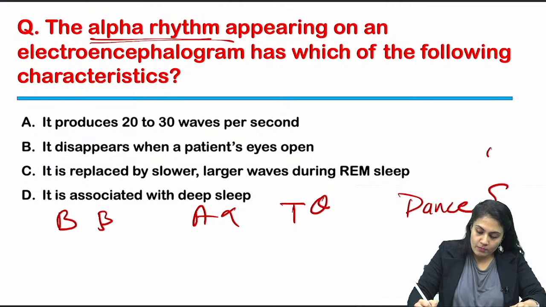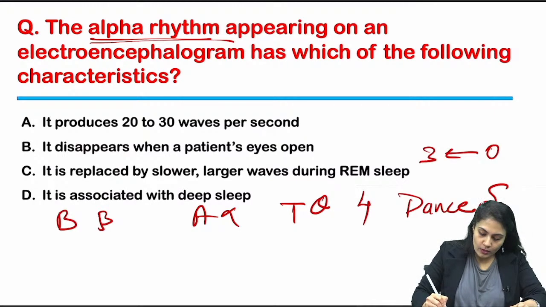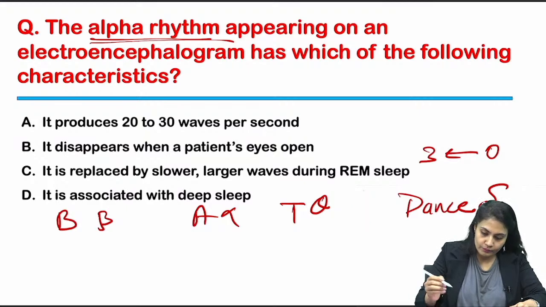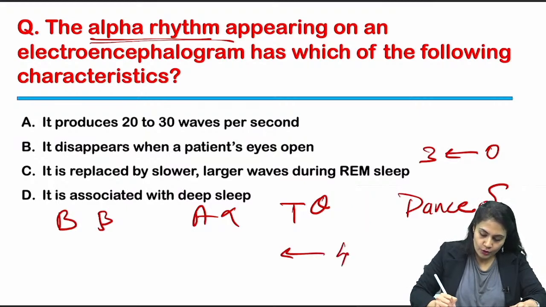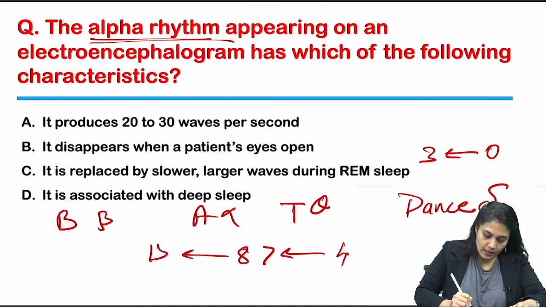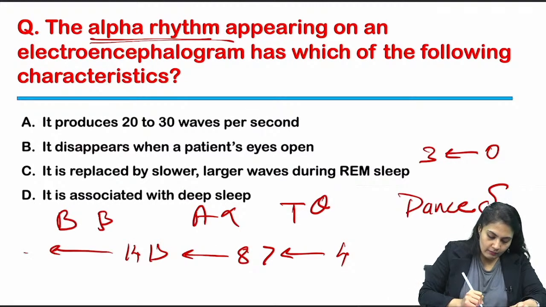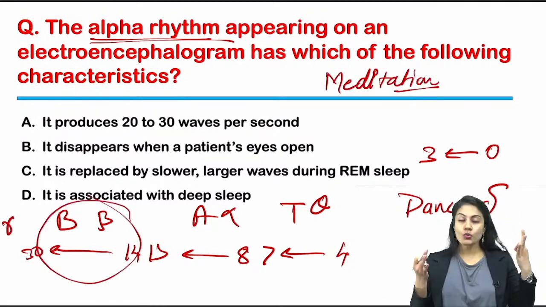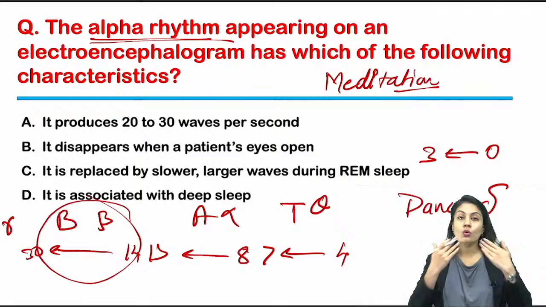Delta wave is from 0 to 3 hertz, 4 to 7 theta, 8 to 13 alpha, 14 to 30 beta, and more than 30 will be gamma. Okay, usually for meditation we need to close our eyes.